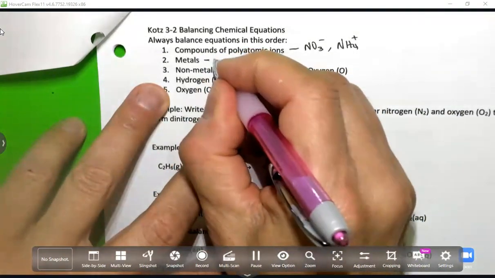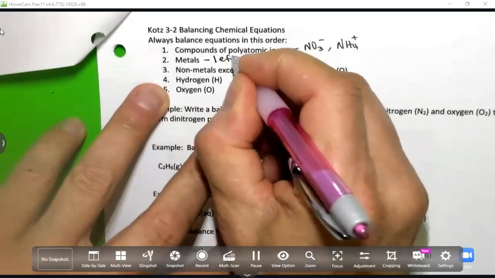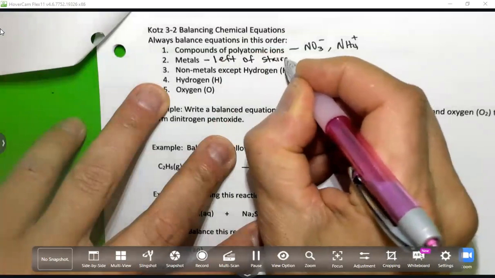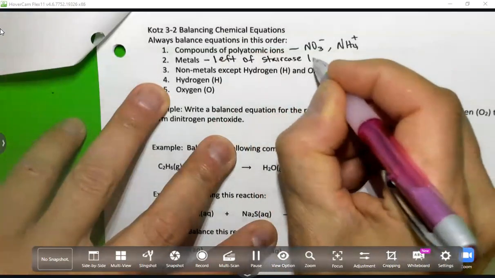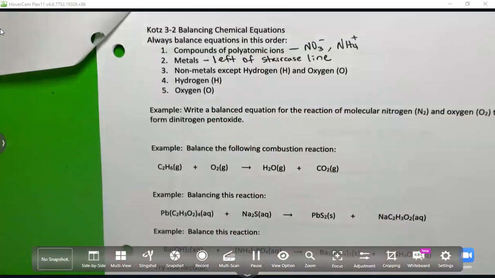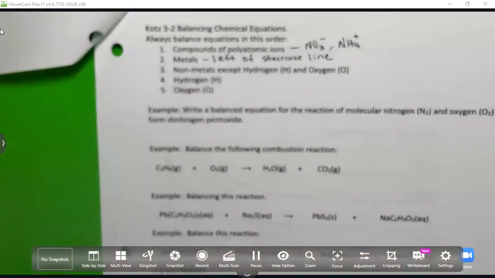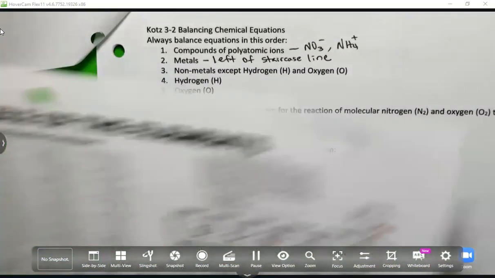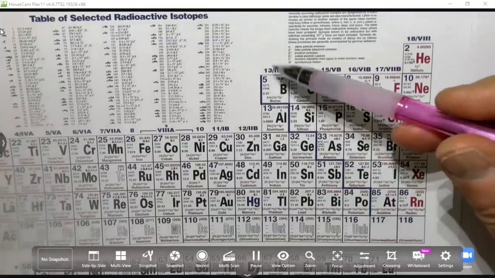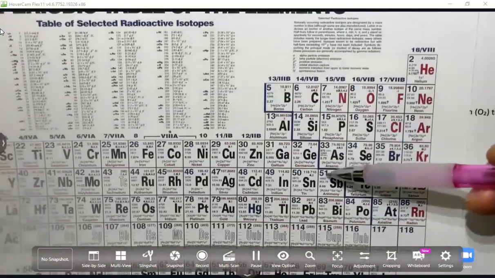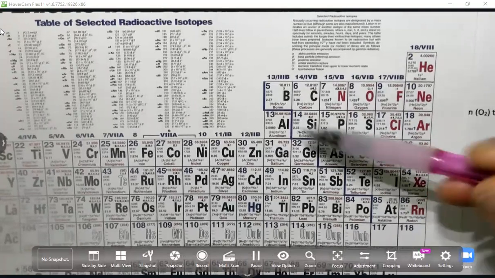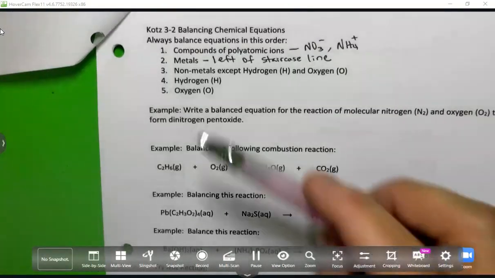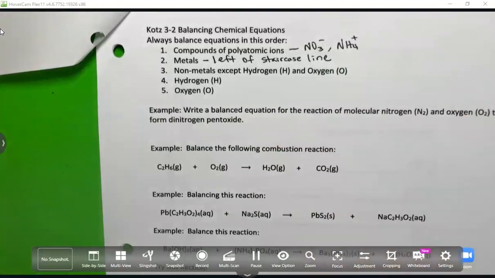Metals, left of the staircase line. And that staircase line is this line here. Left of the staircase, then non-metals except hydrogen and oxygen. Then you do hydrogen, then oxygen last.